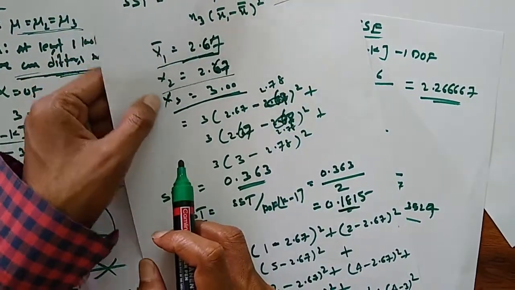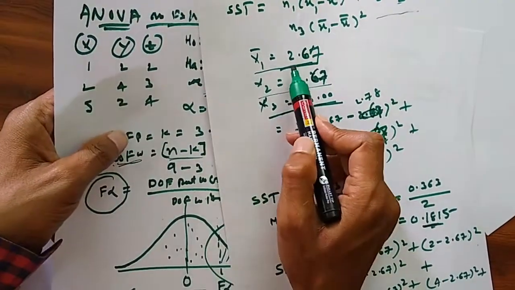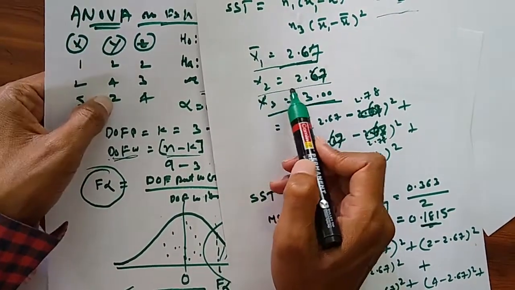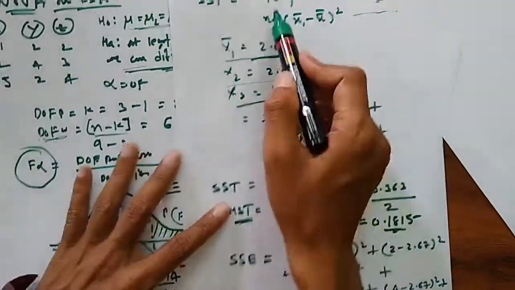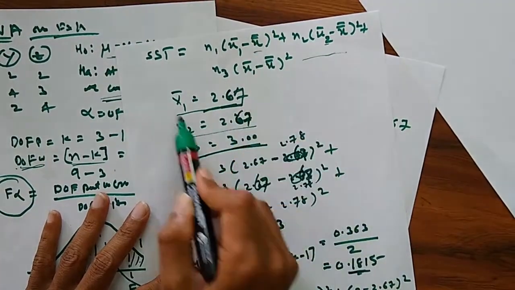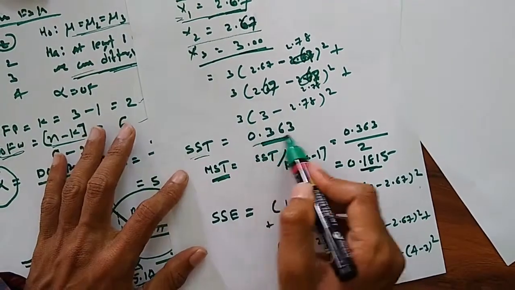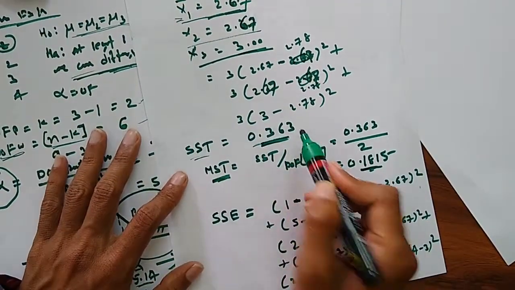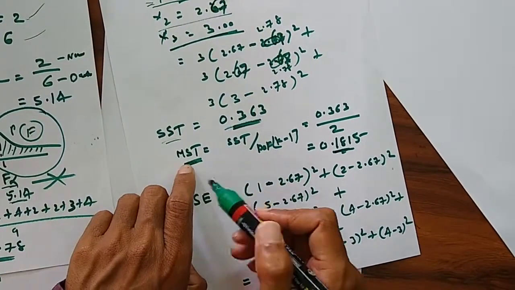We calculated the sample mean of each sample. The first sample mean is 2.67, the second sample mean is 2.67, the third sample mean is 3. Using all these values, the grand mean as well as our sample means, you will get SST. SST is 0.363.